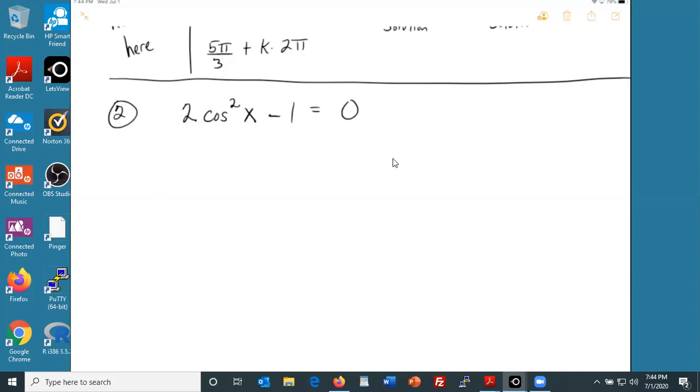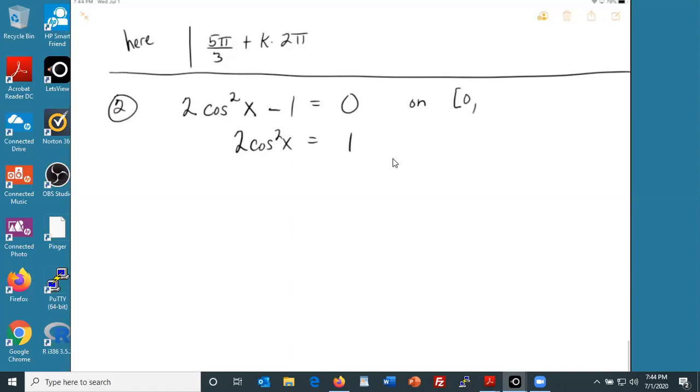All right, so the very first step there, we do want to isolate the cosine term. So to isolate the cosine term, we add 1 to the other side first. So we get 2 cosine squared of x equals 1. And I didn't write it down, but we're also solving this on, again, 0 to 2 pi. So I want a finite solution for this problem.